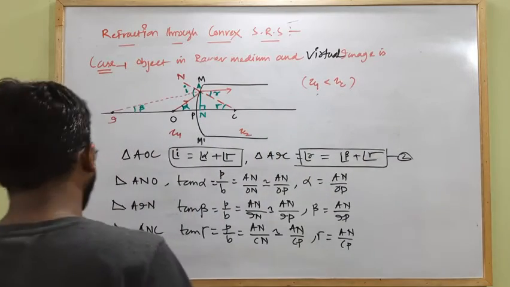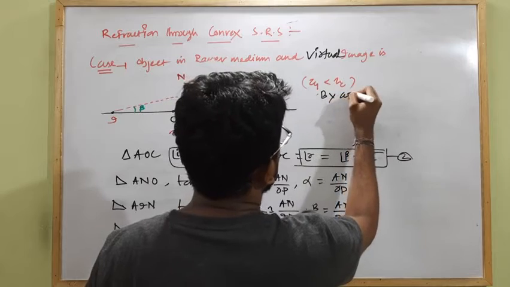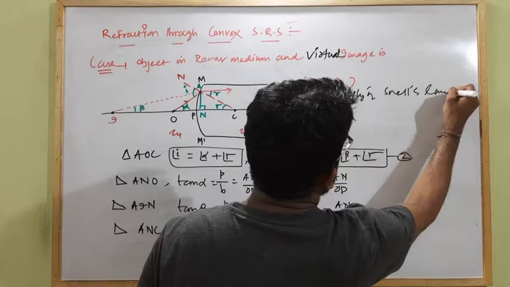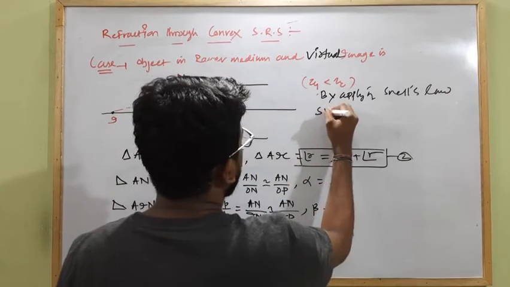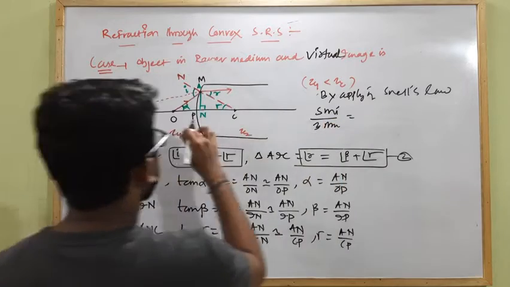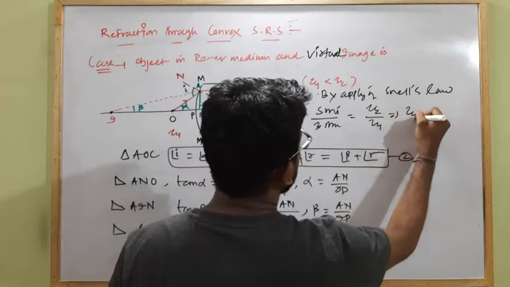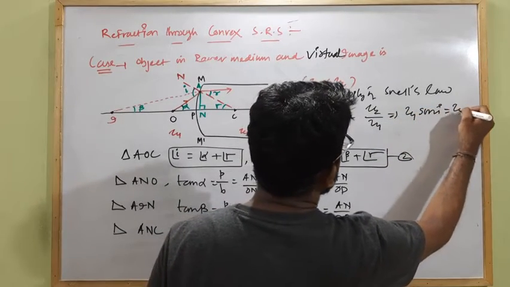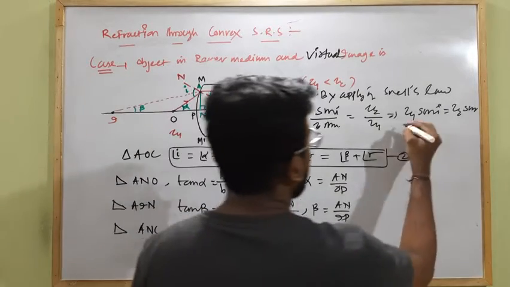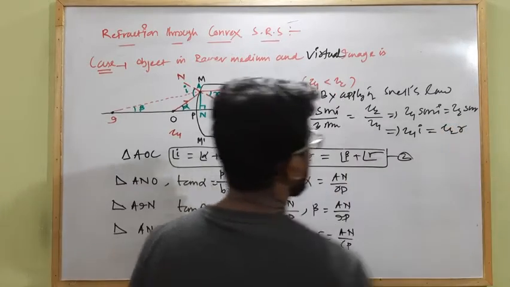By applying Snell's law, we will get sin I by sin r equal to mu 1 to 2, so it will be mu2 by mu1, or this implies mu1 sin I equals mu2 sin r, and as I and r are very small angles, you can write mu1 I equals mu2 r.